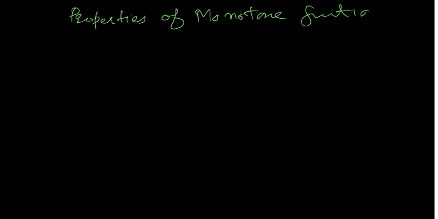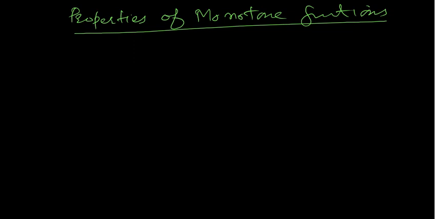Properties of monotone functions. A function is said to be monotone if it is either monotonic increasing or decreasing.